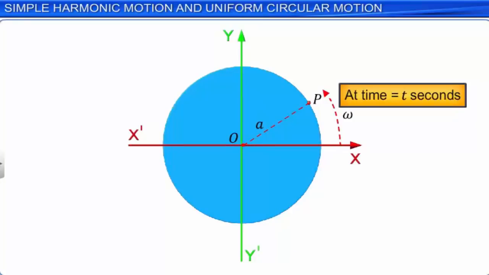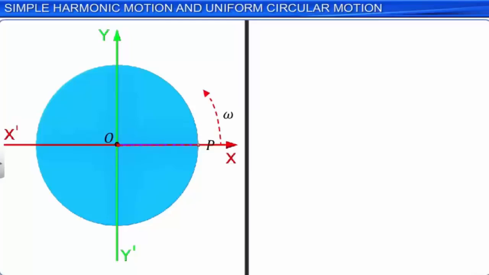At any time, OP denotes the position vector of the particle P. Consider the position of the projection of the particle along the y-axis when the particle moves through an angle omega t in a time interval t. The projection of the particle moves from the origin to the position as shown in the time t seconds.